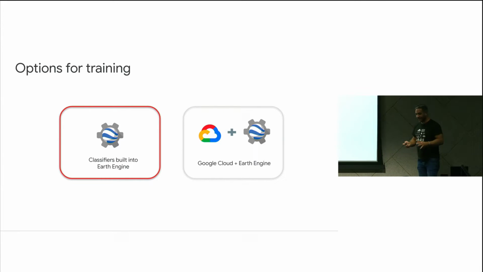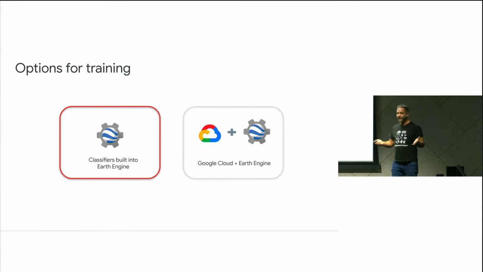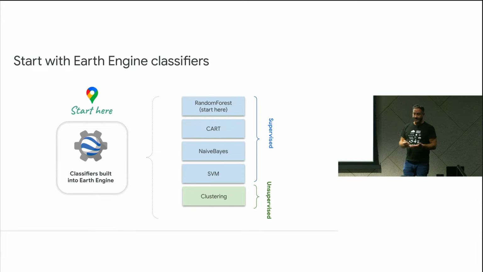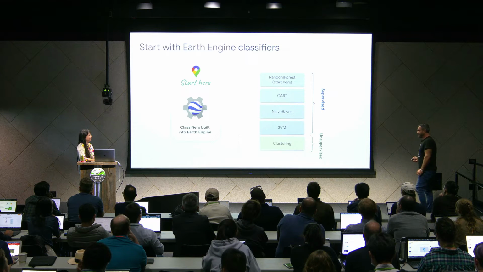Again, basic stuff built into Earth Engine. With any machine learning or data mining problem, often you start with a simple model that lets you understand the data. That's a great use for these Earth Engine classifiers. These include random forest, CART, naive Bayes, support vector machines, and unsupervised classifiers or clusterers.